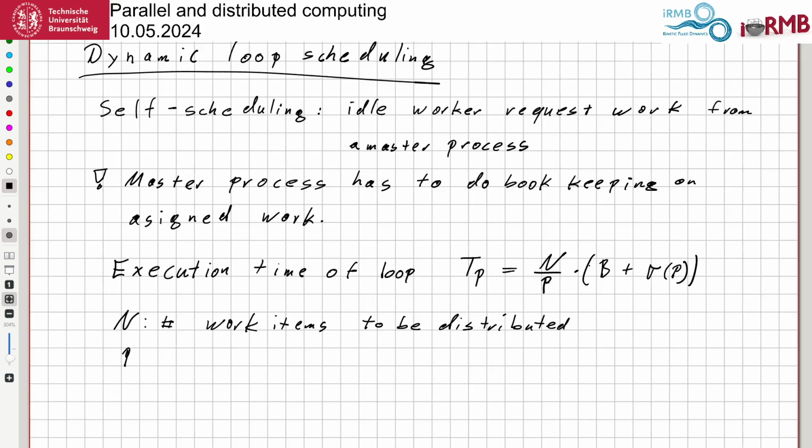P is the number of processes. B is the average execution time of a work item.